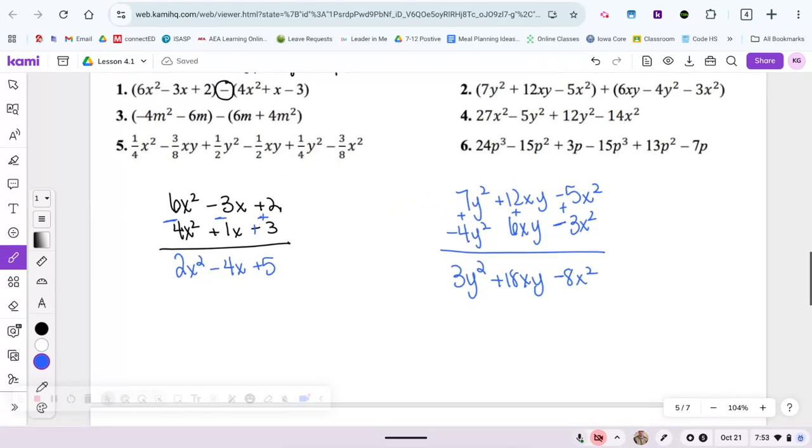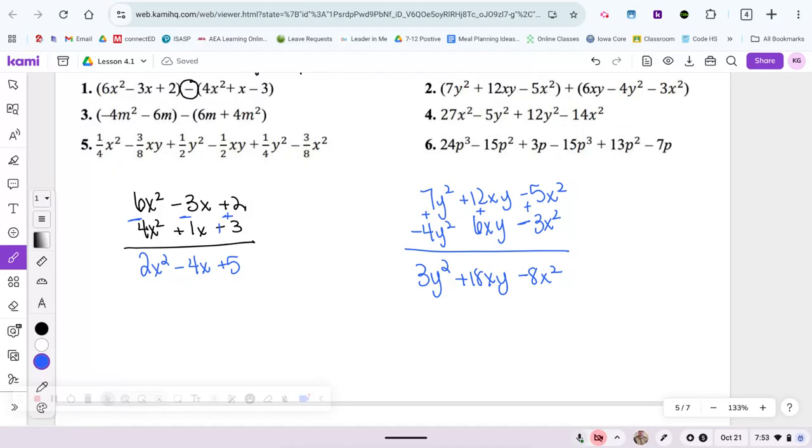On these other ones, again, like number 5 doesn't have sets of parentheses, so I would just try to stack your like terms. So I'd start with your 1/4 x squared minus 3/8 xy plus 1/2 y squared. And then I have this negative half xy, I would put underneath of the other xy term, the 1/4 y squared, and then negative 3/8 x squared. And then this one, since I don't have any terms in between them, I'm just combining like terms, which just means to add them.